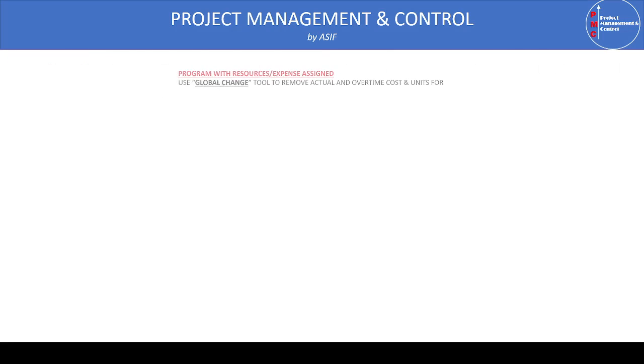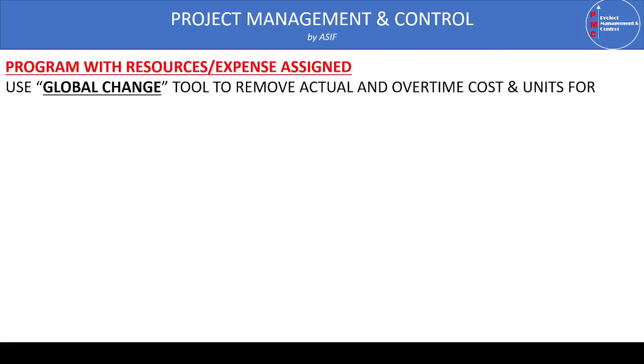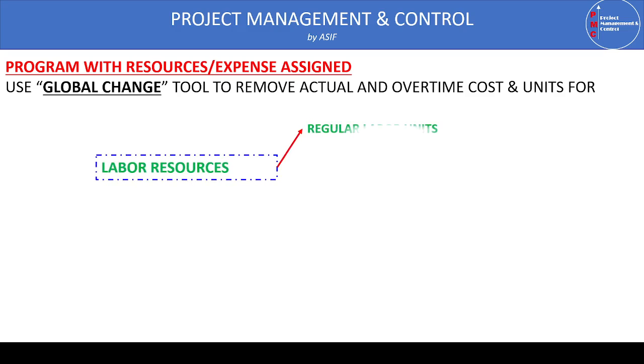Once we use the global change, we are going to remove the actual and overtime costs and units from the labor and non-labor resources, material and expenses. When it is a labor resource, we need to remove labor regular units, overtime units, labor regular costs and overtime costs.